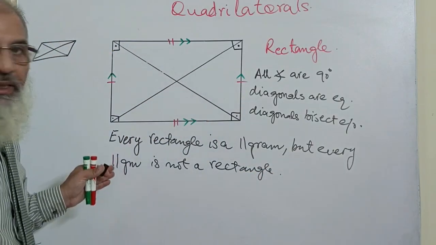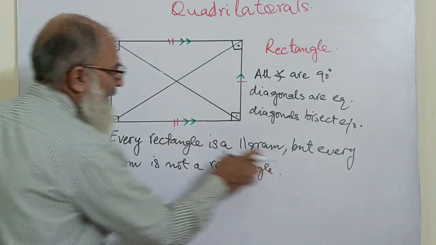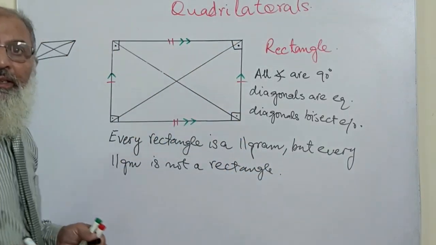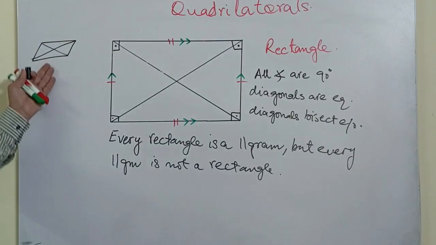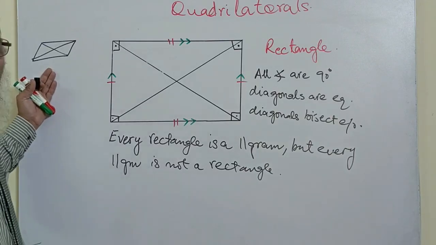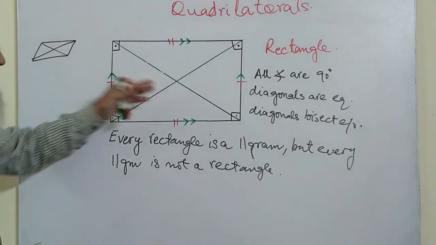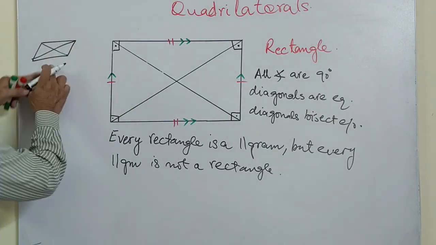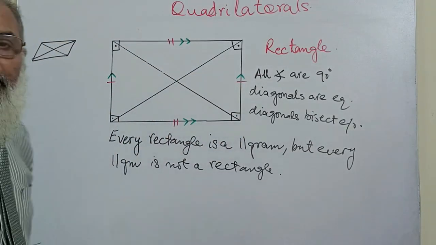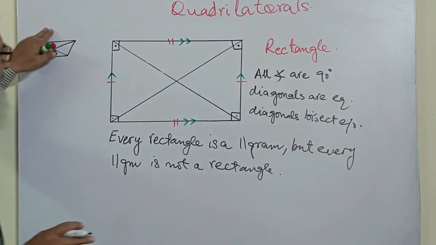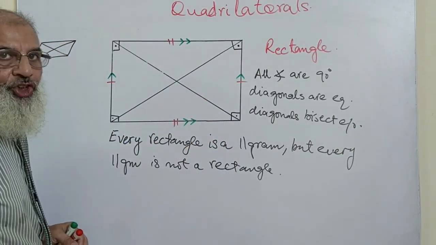This one satisfies all the properties of a parallelogram, but it does not satisfy the properties of a rectangle because the diagonals are not equal, and the four angles are not 90 degrees, but in the rectangle all four interior angles are 90 degrees each.